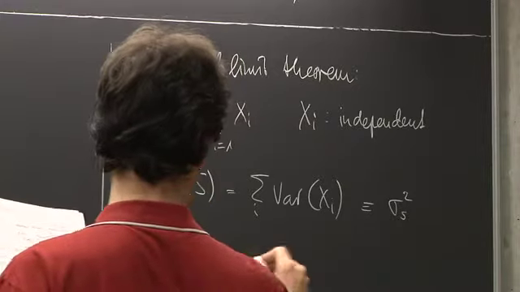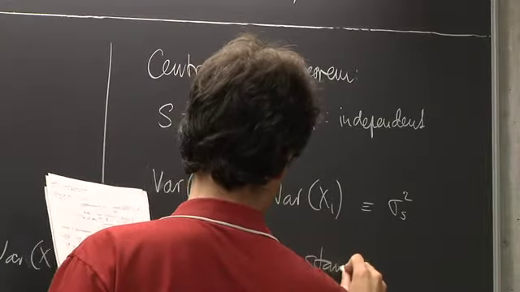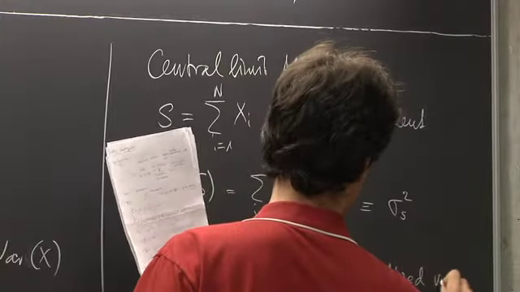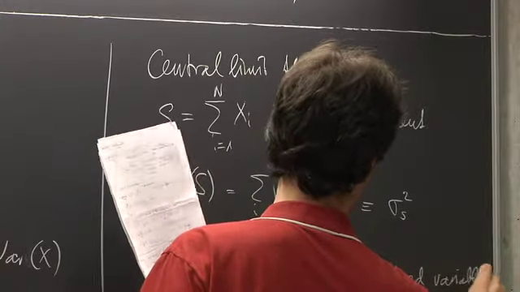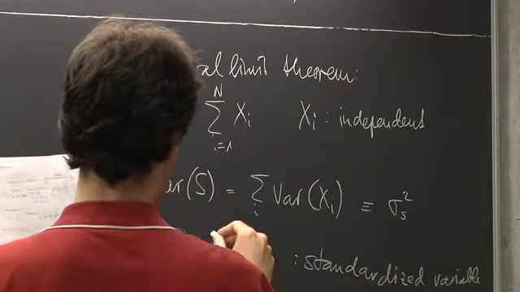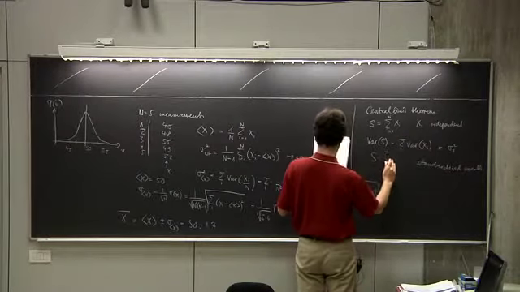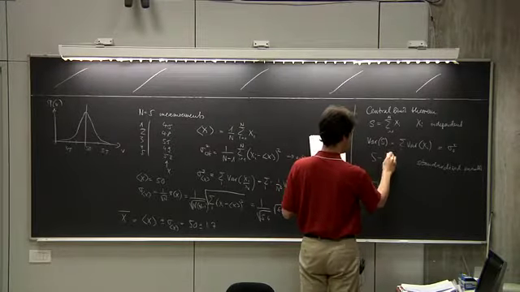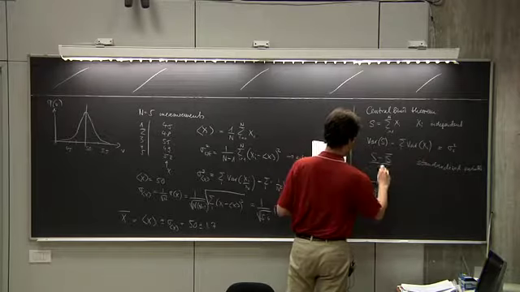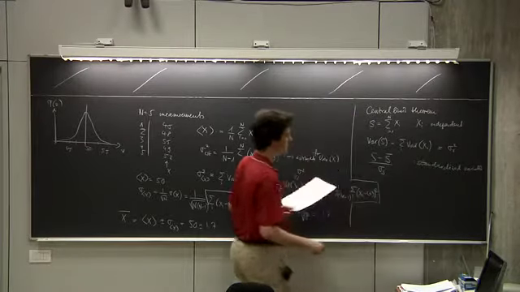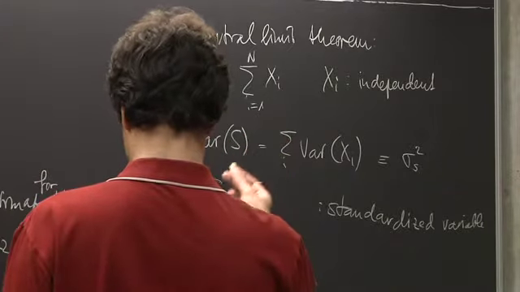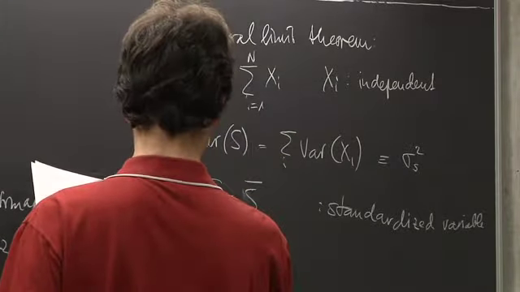So you subtract the expectation value of S, and you divide by the standard deviation, and you call this new variable small s.